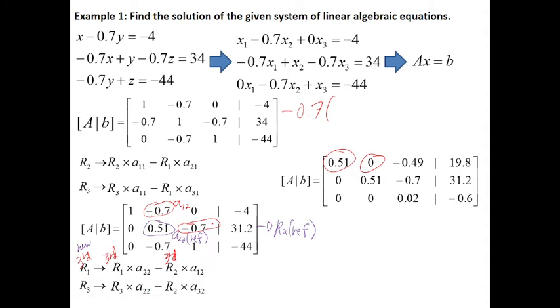R1 third, 0, no? 0 times A22, 0.51, okay, minus R2 third element, negative 0.7, multiply mo ng A12, negative 0.7.